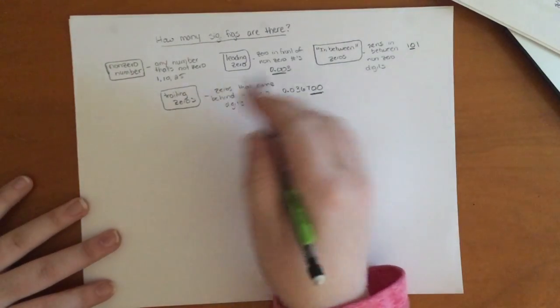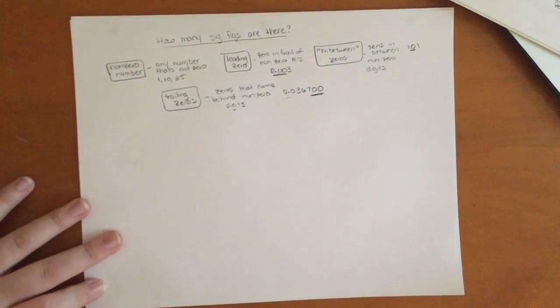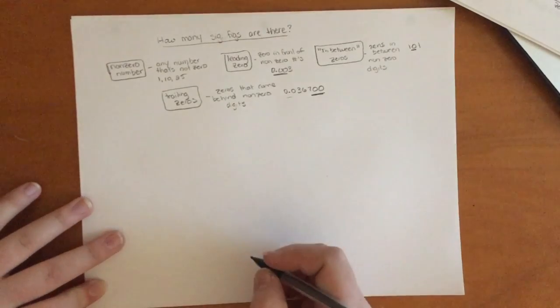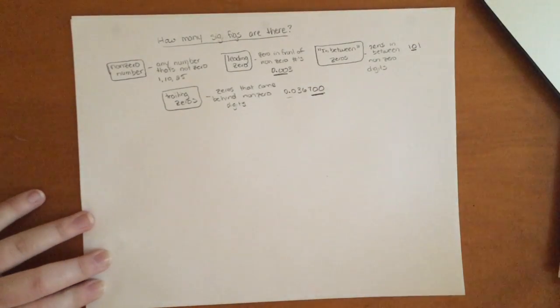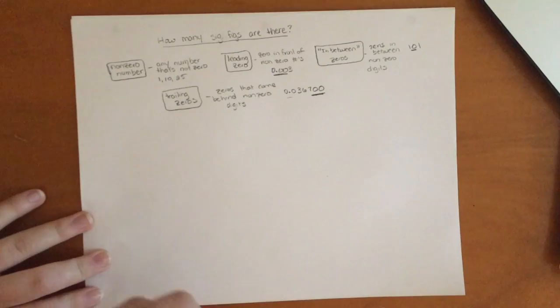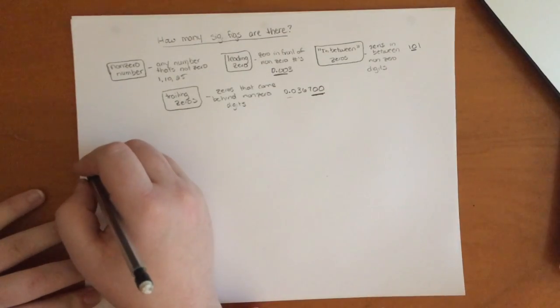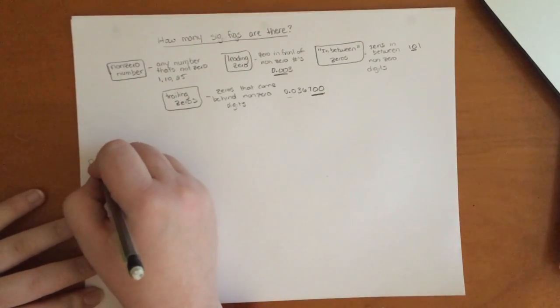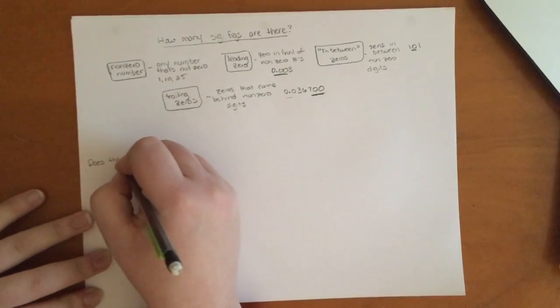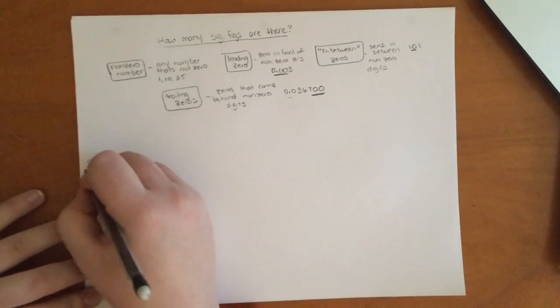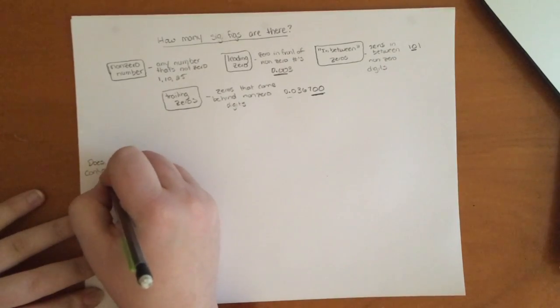This terminology is going to be important when we are looking at whether or not zeros are significant. The first question we ask ourselves when we see a number is, does the number contain zeros?